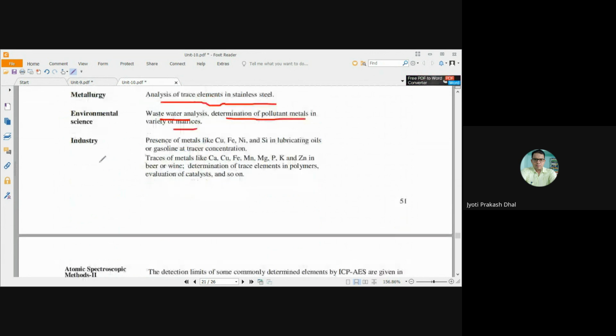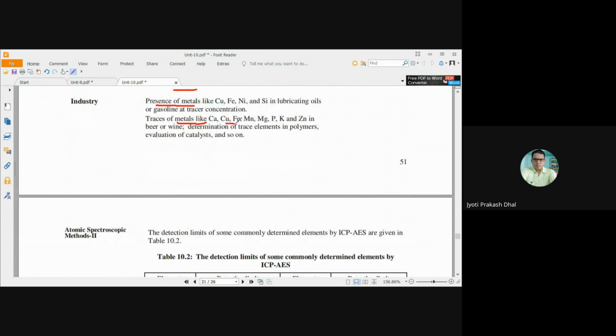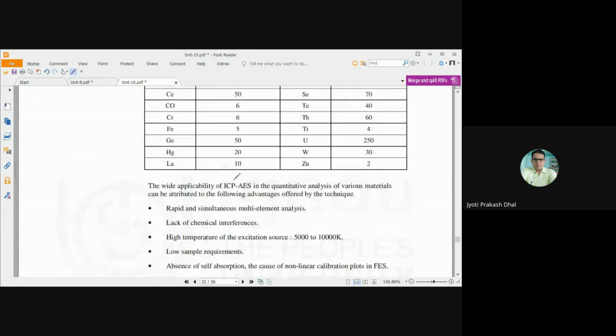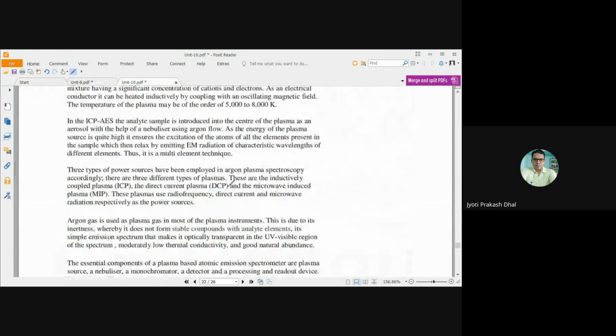For industry: the presence of metals like copper, iron, nickel, silicon in lubricant oil or gasoline, even in trace concentration. Trace metals like calcium, copper, iron, manganese, magnesium, phosphorus, potassium, zinc. Determination of trace elements in polymers and evaluation of catalysts and so on. So these are the various applications of AES.